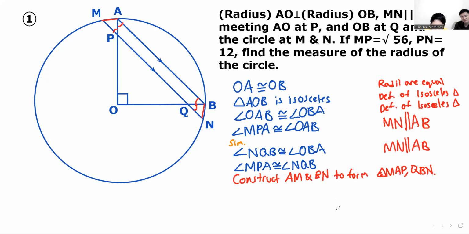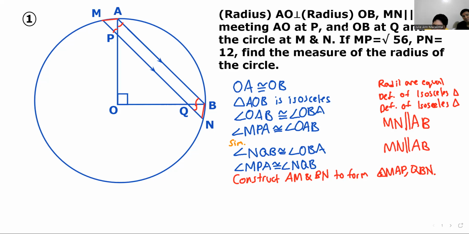Since PAQB is a trapezoid, because PQ is part of MN, which has been defined as parallel to AB, so PQ is parallel to AB.